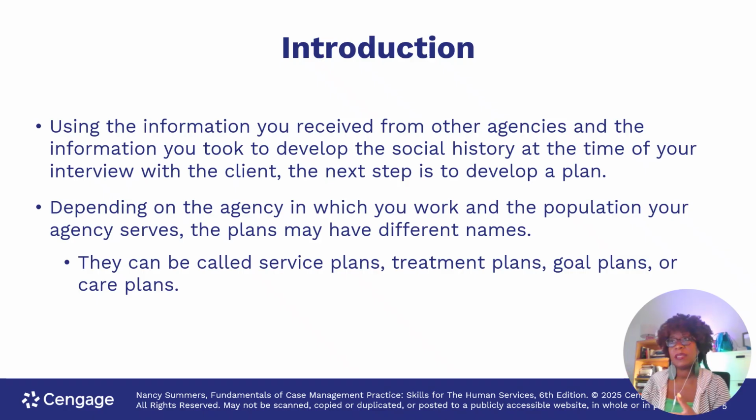The social history tends to be pretty basic from agency to agency. Even when I was a therapist, we used that social history as the initial intake. So that social history is basically getting the initial information from the client, and that tends to be very basic or standard regardless of the agency that you work for.